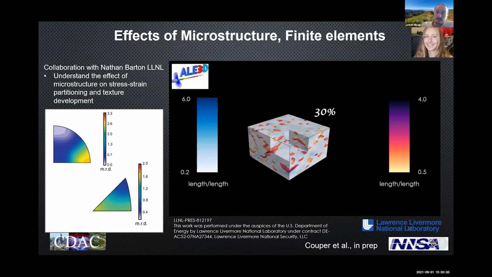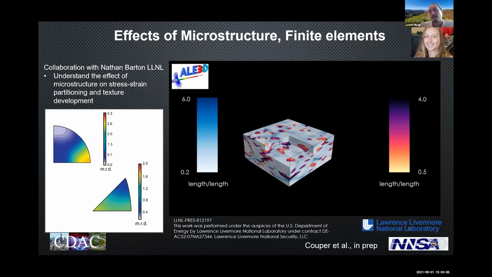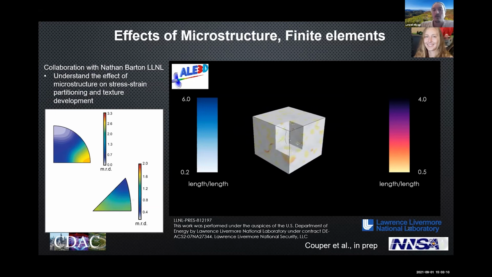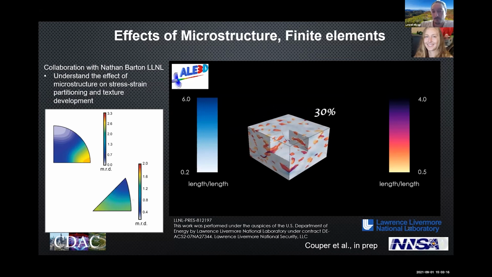And so what this does is it couples an advection step to your finite element code. So at sort of each incremental deformation, it allows your microstructure to advect and evolve, and then it remeshes your finite element. So it basically accounts for large strain microstructural evolution.